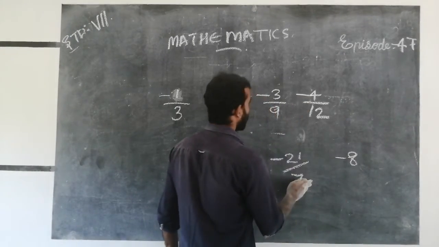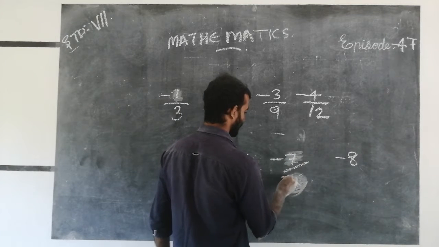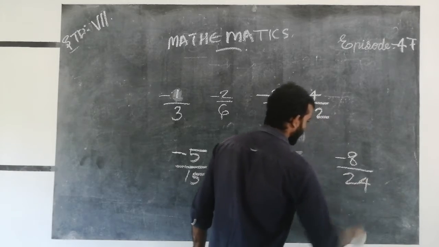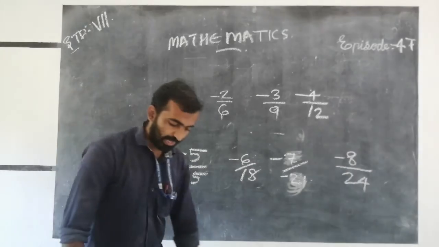That gives negative 7 by 21 and negative 8 by 24, the four more terms.